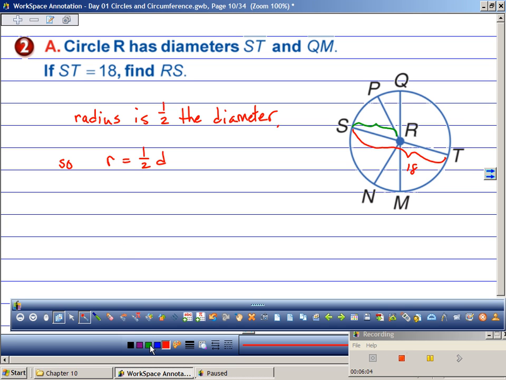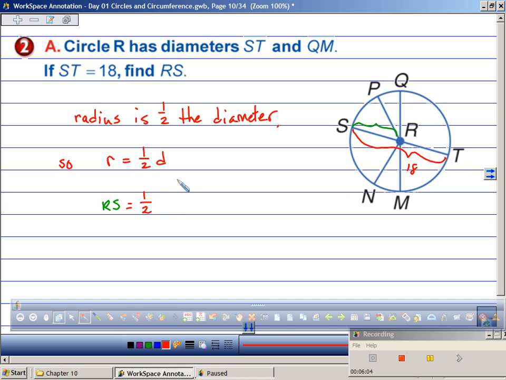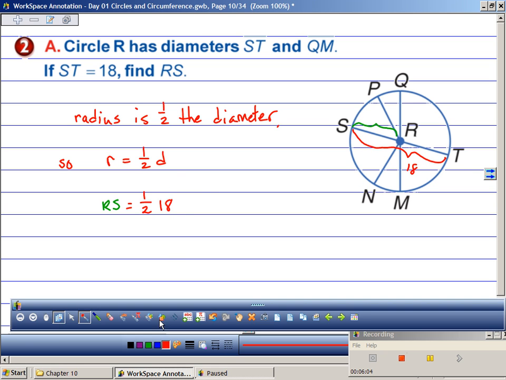If I'm looking for RS, it's going to be equal to half of one of the diameters, and we know one of them is 18. So RS equals 9.